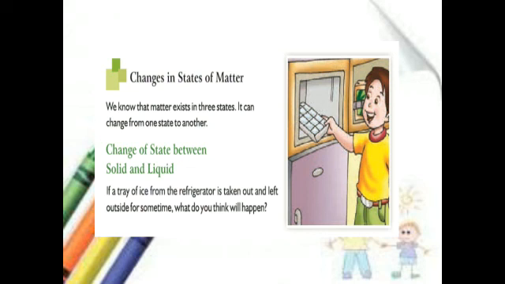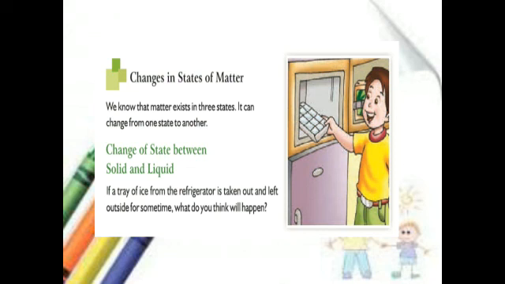That's what we are going to discuss: changes in state of matter. The first topic is change of state between solid and liquid. Ice cubes are a very good example of this type of change. When we fill the ice tray with water and keep it inside the freezer, after some time the water is frozen to form ice cubes.